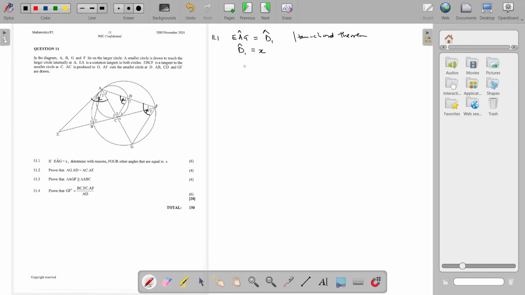So in other words, we are saying the angle EAG is equal to the angle AFG.